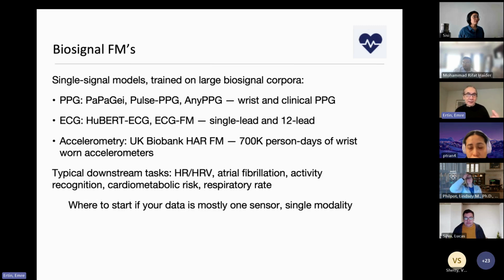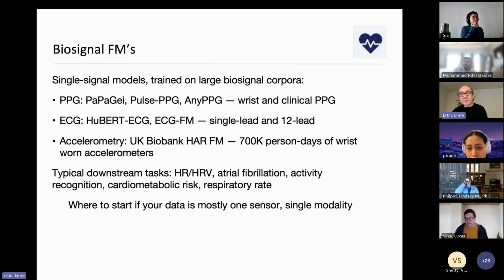So we have PPG models: Papagei, Pulse PPG, a model trained by researchers from the MD2K group, Jim Rehg and Santosh Kumar's group, and another PPG model. These are trained on both field and clinical data. And we have ECG models that allow you to take single-lead or 12-lead ECG and create a representation for you to look for cardiovascular parameters.